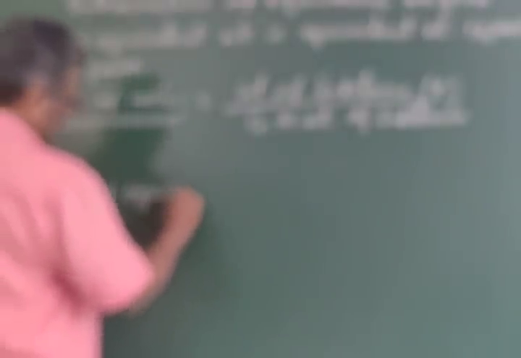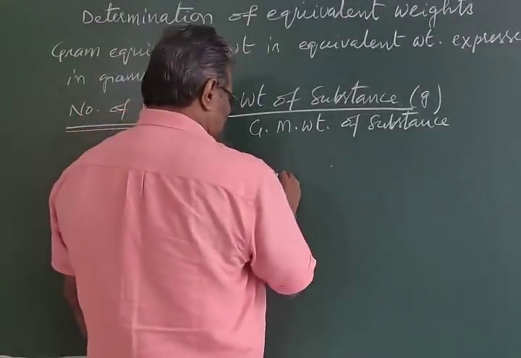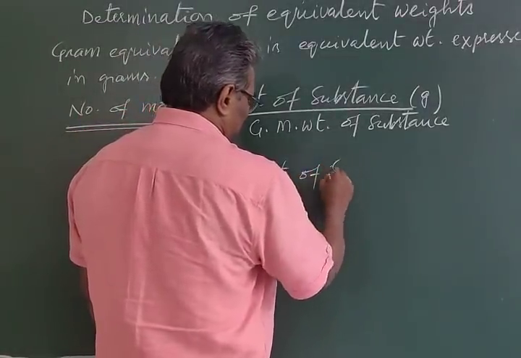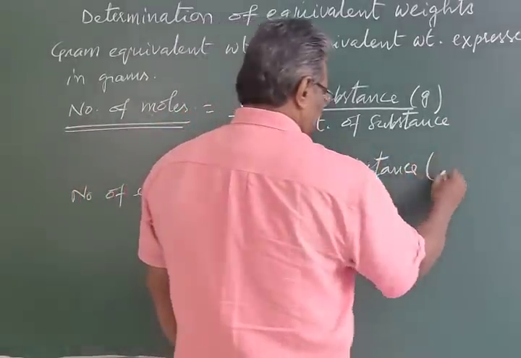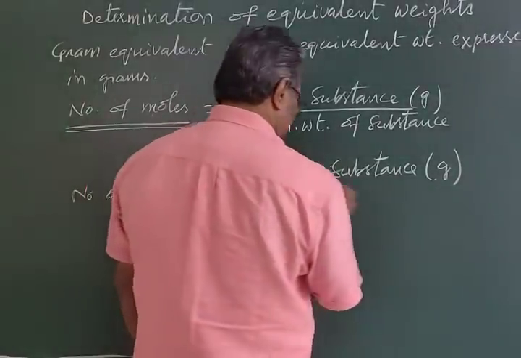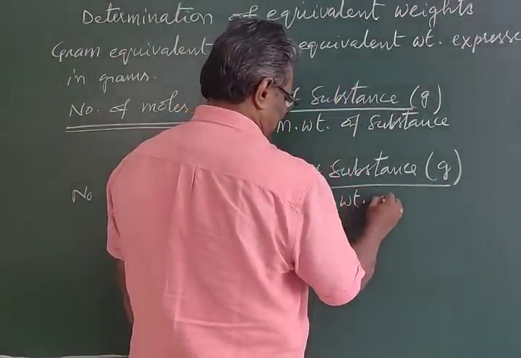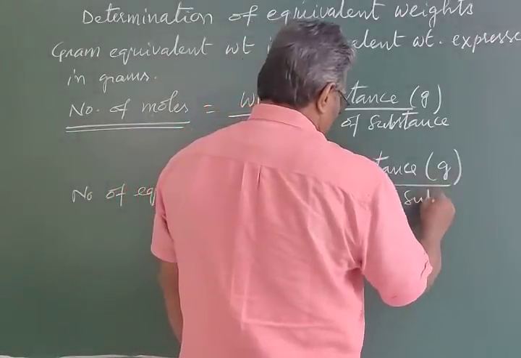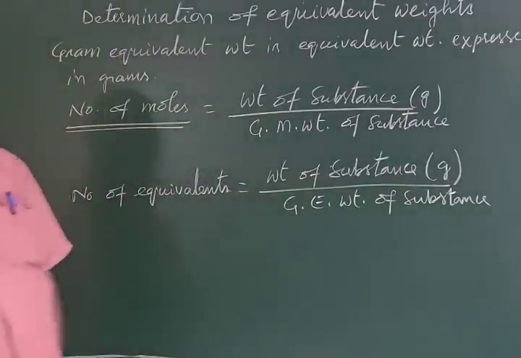In the same way, the number of equivalents is equal to the weight of substance in grams divided by the gram equivalent weight of substance.